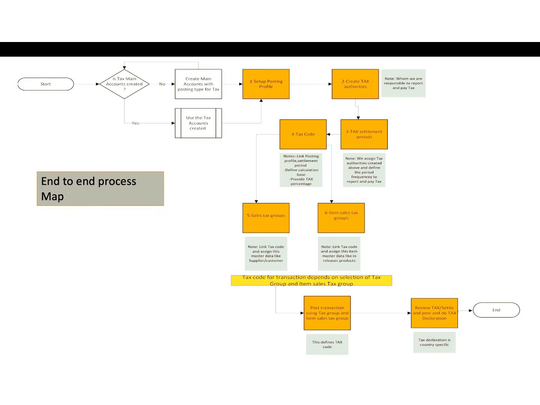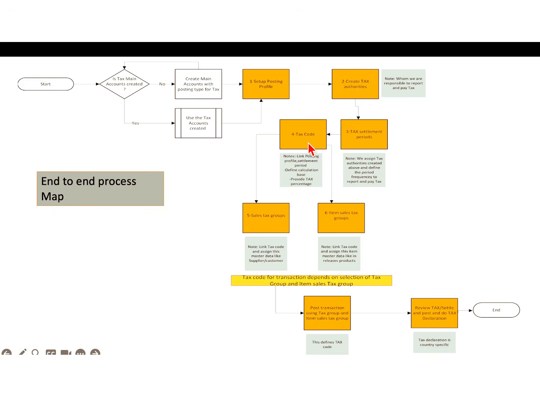If needed, you can assign a vendor, or else you can go directly with the tax authority itself. Then you create a settlement period, where you assign the tax authority and define the period interval. It could be quarterly, monthly or yearly, which you define for the reporting and the payment of the tax.